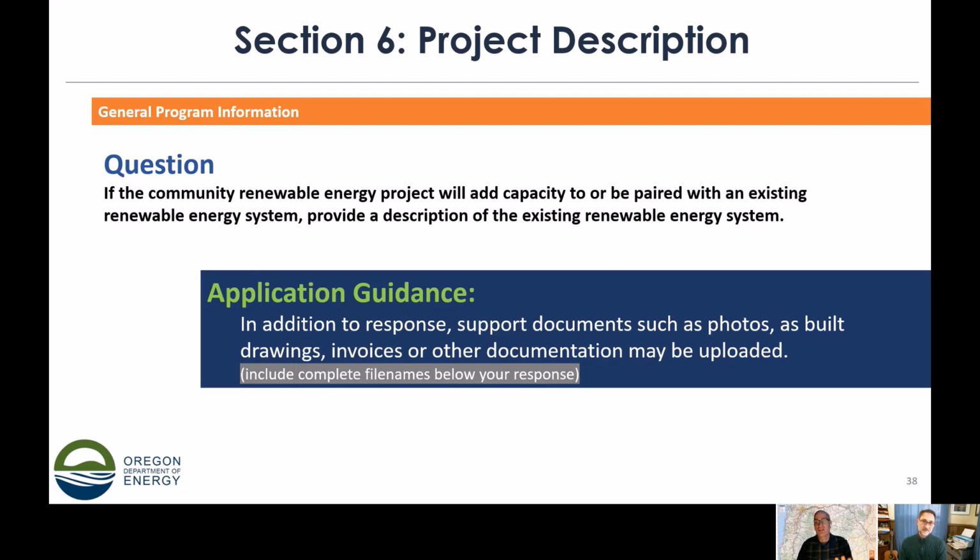We had some applications in round 1 that confused and overlapped the existing system as being part of their new project. You want to keep those things separate when it comes to the details of the project, and just explain to us how you're tying in to what you already have. I think that's an excellent point.